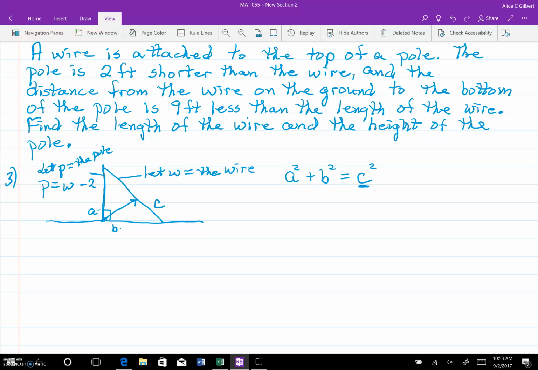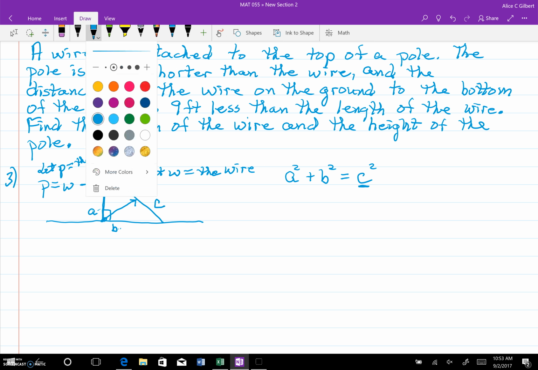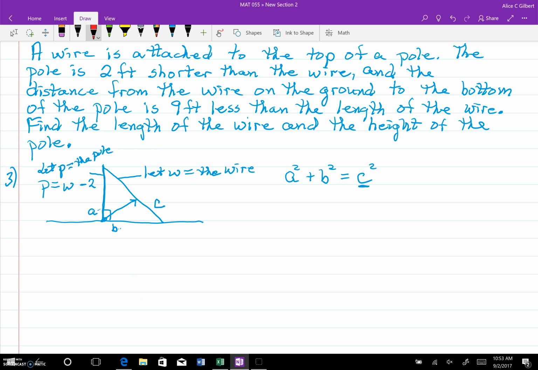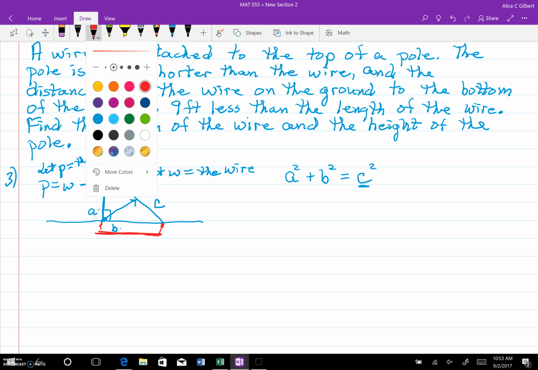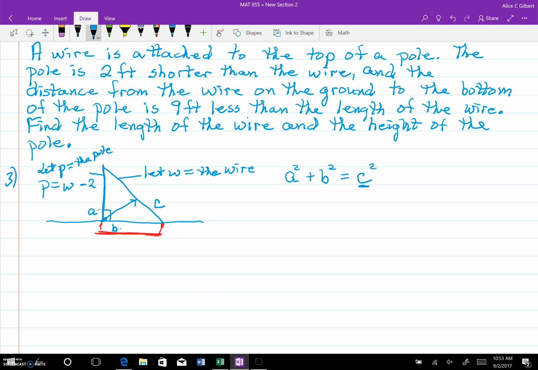Okay, and let's look at this in a different color. The distance, down here, from where the wire touches the ground to where the pole is. So this distance here. The distance from the wire on the ground to the bottom of the pole is 9 feet.